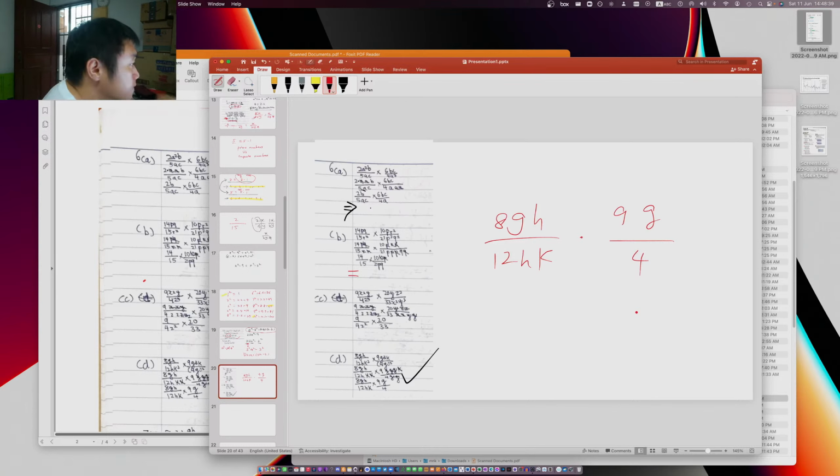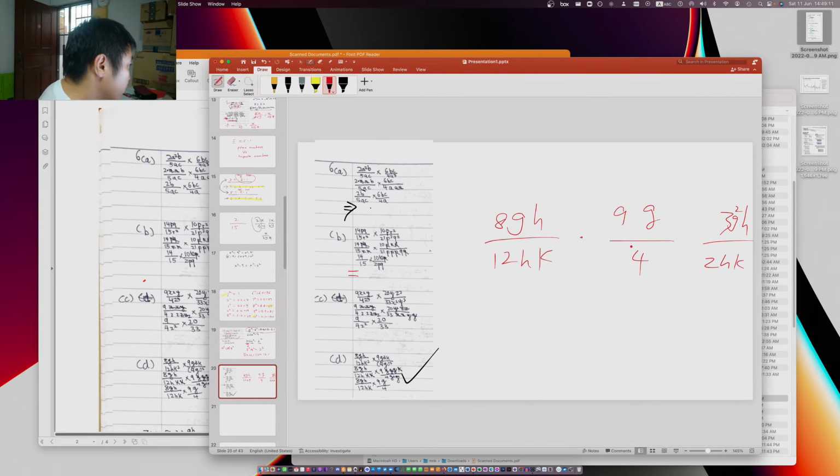What's your final answer? I think you made a mistake. But never mind, you continue first. What's your final answer? 3, okay, 9. 3g square h, 2hk.